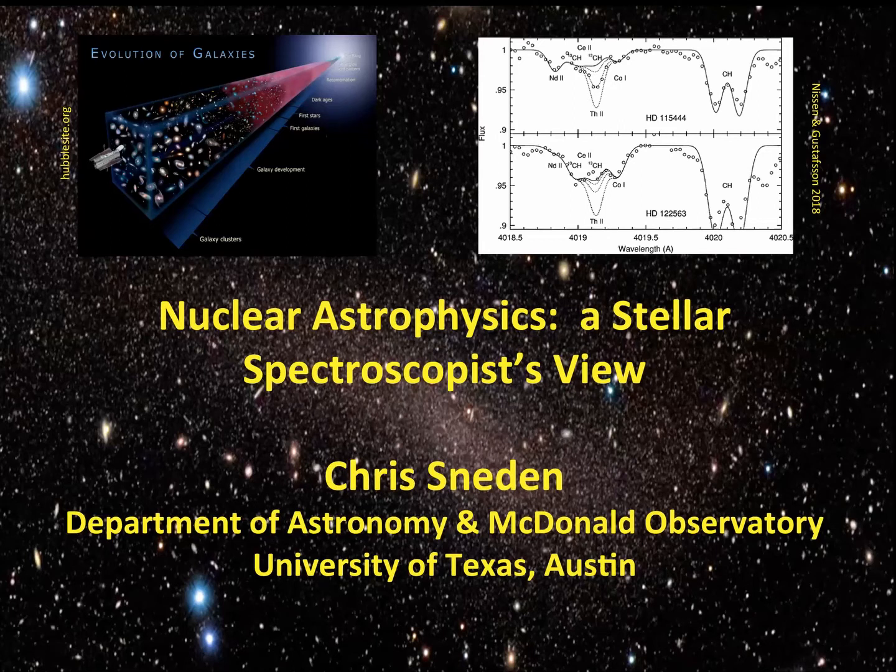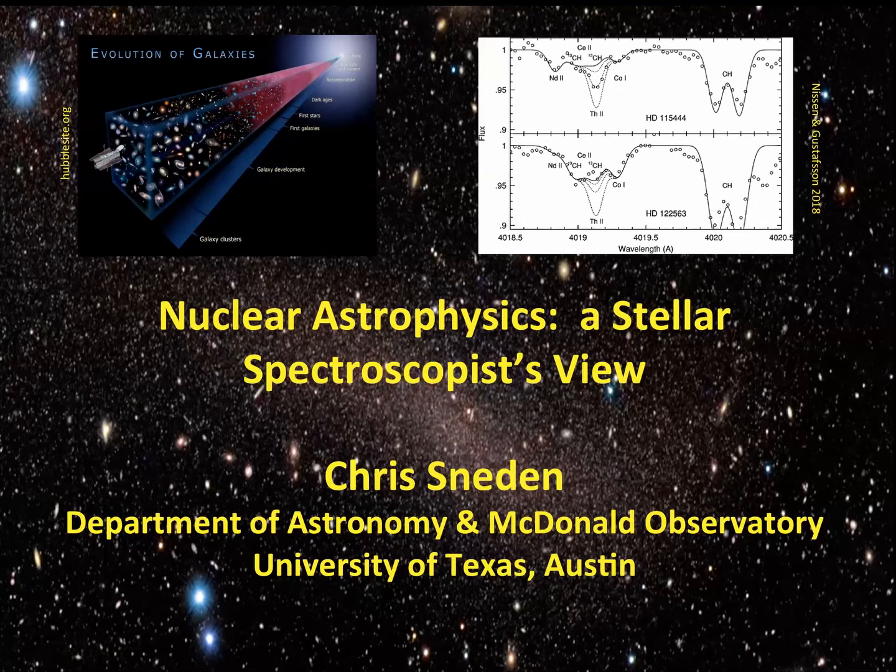I'm a stellar spectroscopist. It is my job to actually provide abundances. Colleagues and I provide abundances that will help guide nuclear astrophysicists. The picture on the upper left is where we would all like to be, with a complete understanding of how the universe started, as Jordy was talking about, with hydrogen, helium, and a little lithium, and ended up with the entire periodic table.